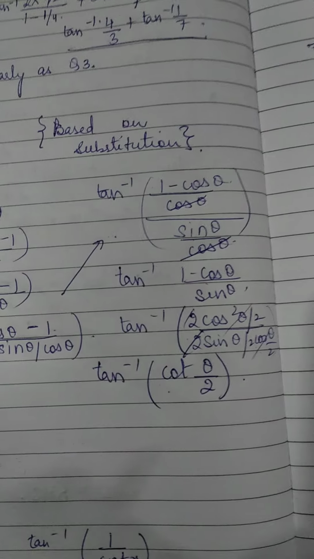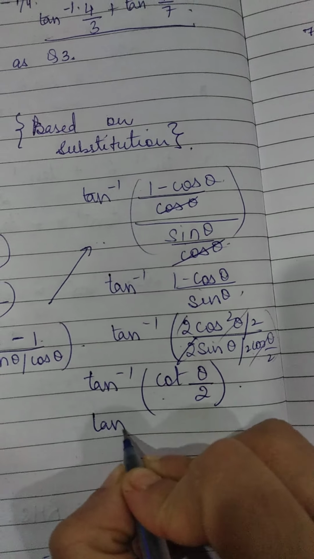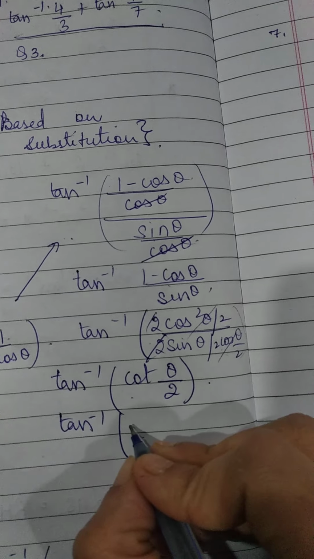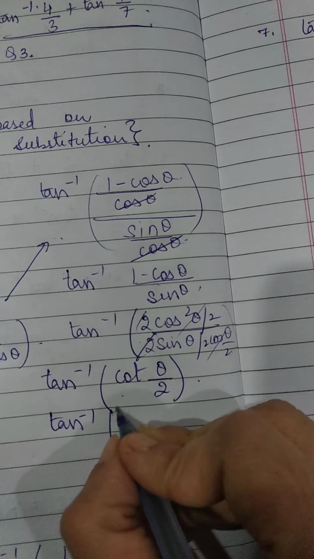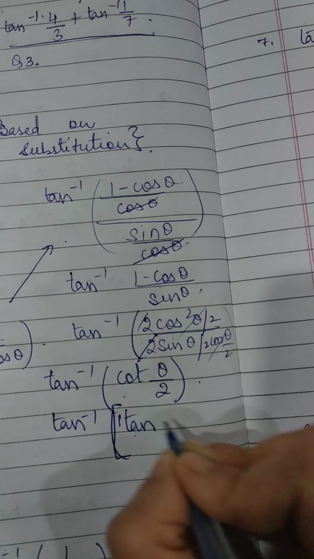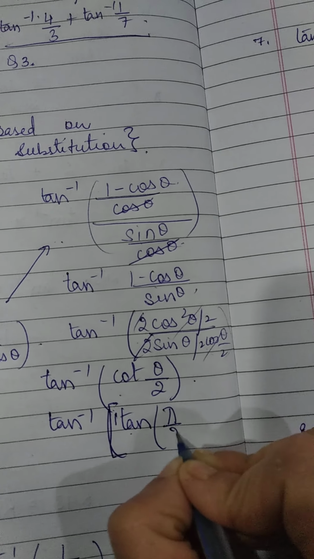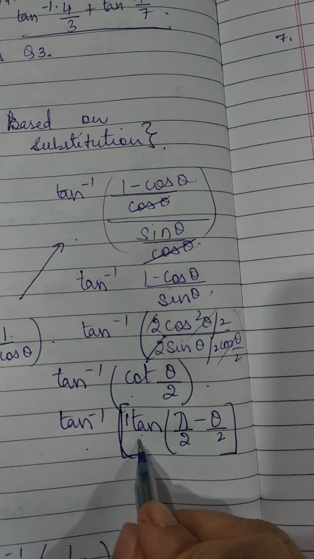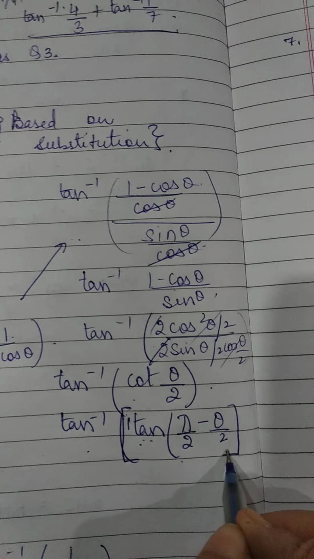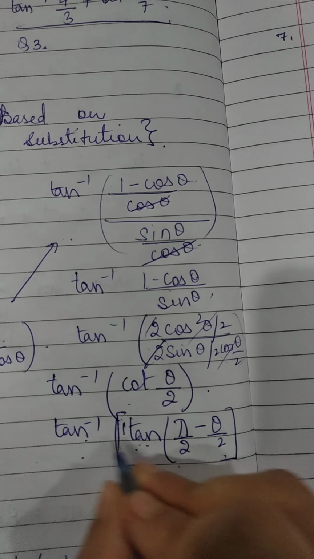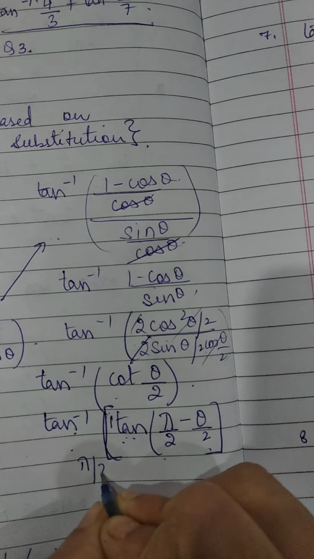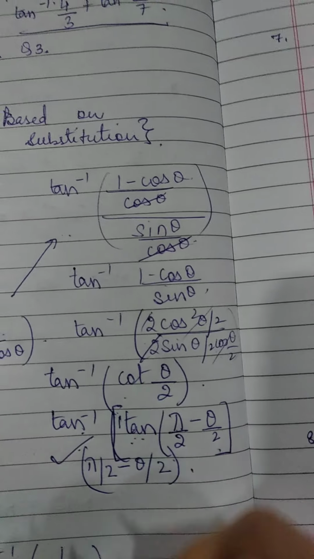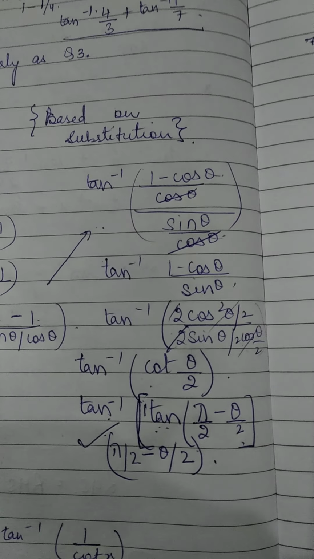Remember the transformation, cot theta by 2 can be written as tan of pi by 2 minus theta by 2, right? And tan inverse tan of pi by 2 minus theta by 2, 90 minus theta by 2, will become pi by 2 minus theta by 2, which is our simplest form, right?